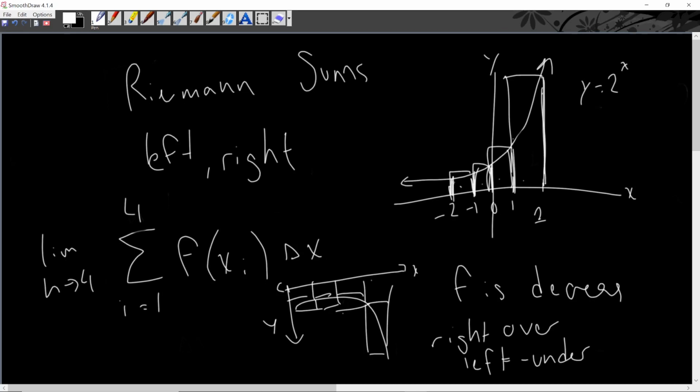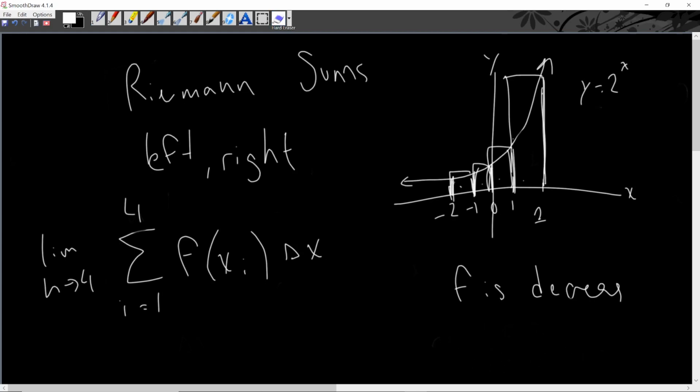Kind of an abstract idea, but essentially when f is increasing, our right Riemann sums will be over approximations and our left Riemann sums will be under approximations. And when f is decreasing, right will be under approximation and left will be over approximation.